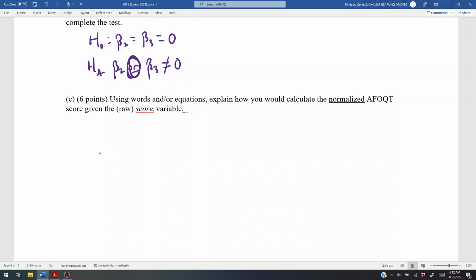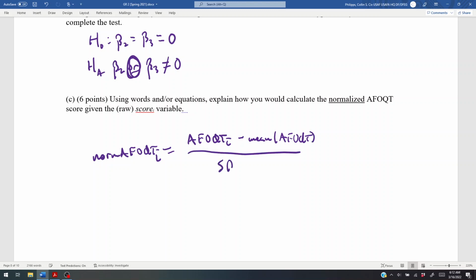So I'll say normalized AFOQT for each individual is AFOQT minus mean AFOQT, and then divide that by standard deviation of AFOQT. And that will just map everybody to how many standard deviations they are from the mean.